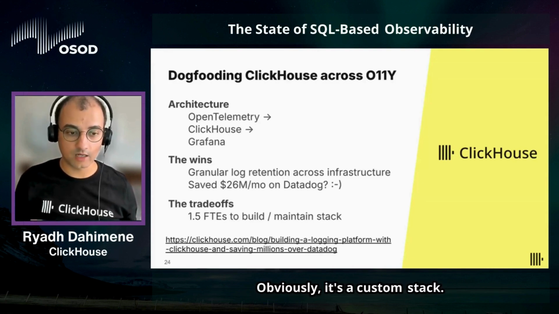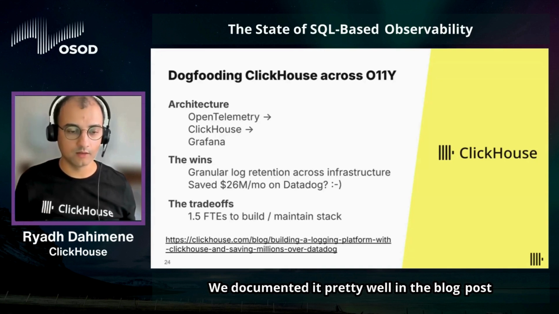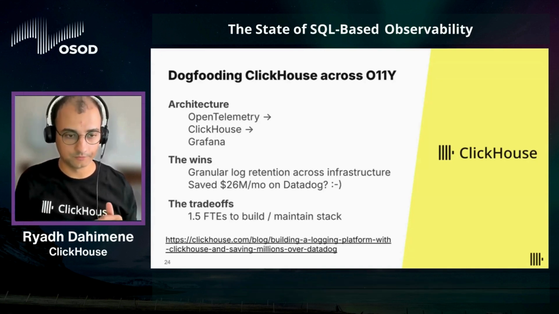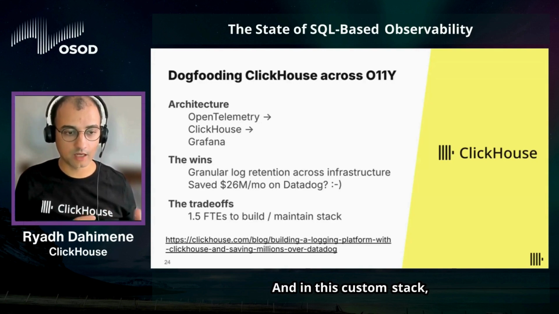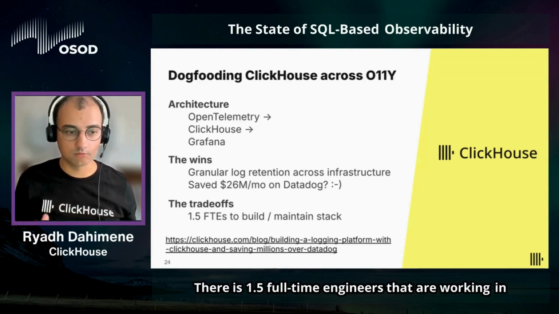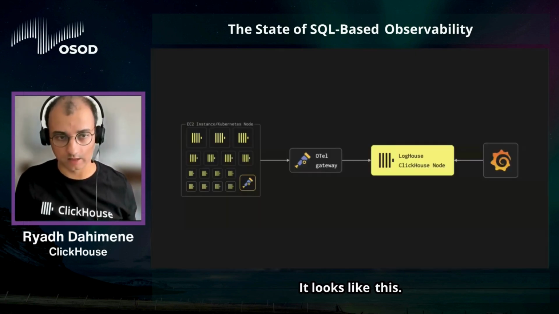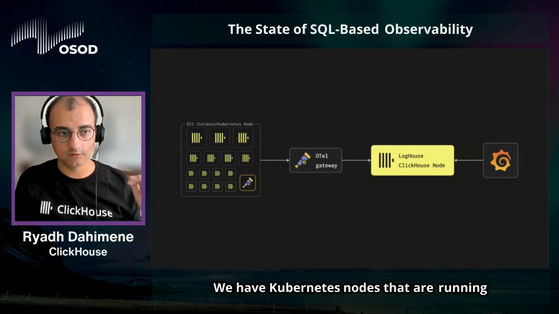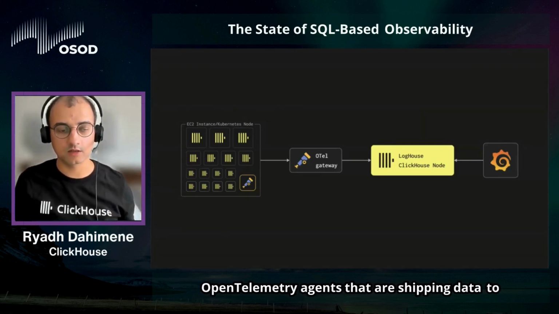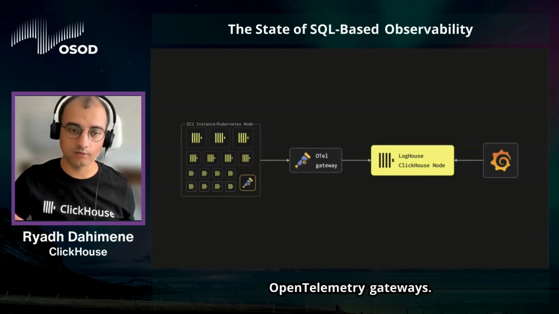Obviously, it's a custom stack. We documented it pretty well in the blog post linked below. And in this custom stack, there are 1.5 full-time engineers working on maintaining this. It looks like this. We have Kubernetes nodes that are running OpenTelemetry agents that are shipping data to OpenTelemetry gateways.